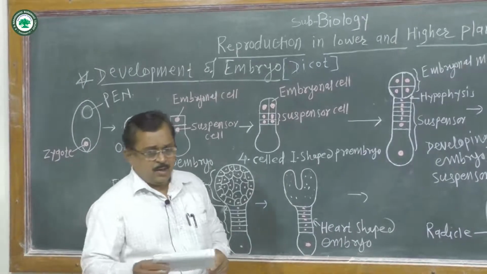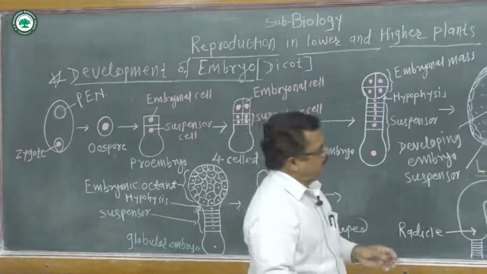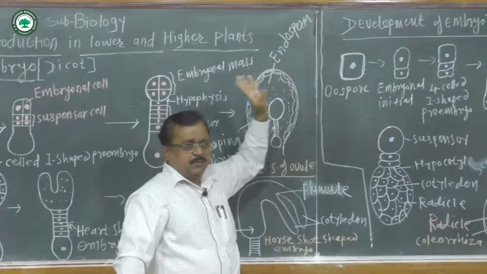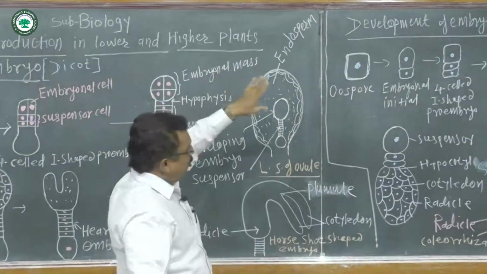How does the development of dicot and monocot embryo take place?